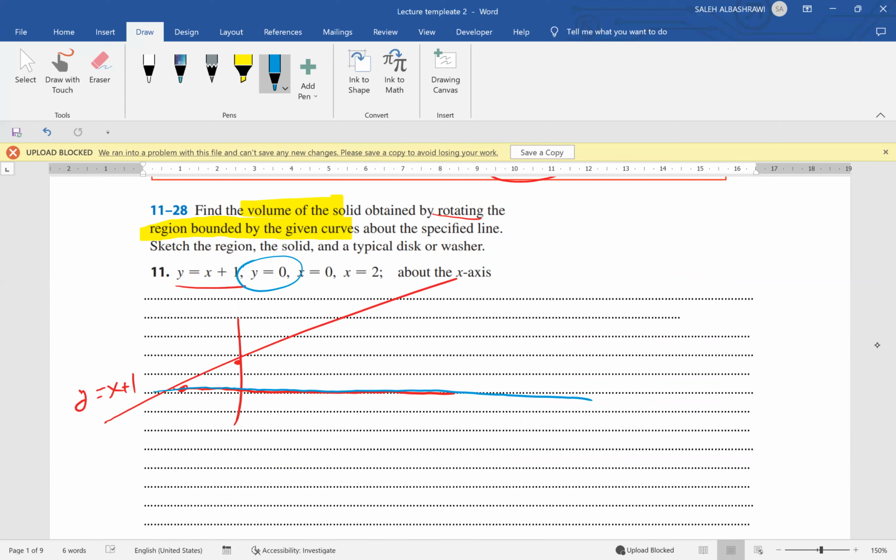And we have x equal to 0, which is this vertical line, and x equal to 2 will be this line. So my R is this area, this region. This is R. It's actually between the curves.